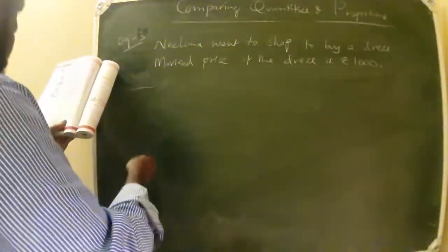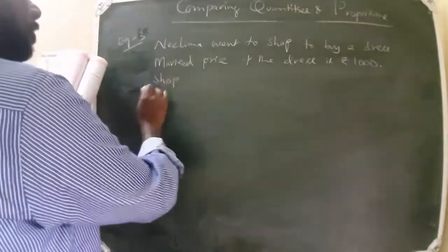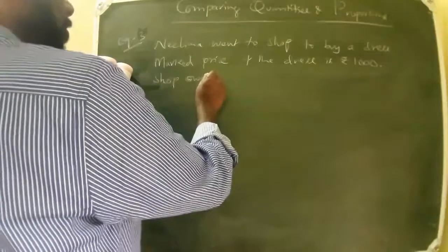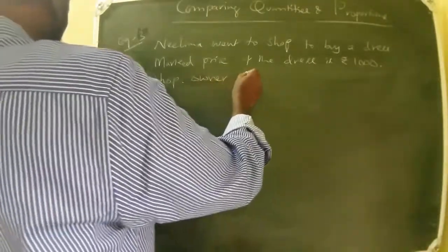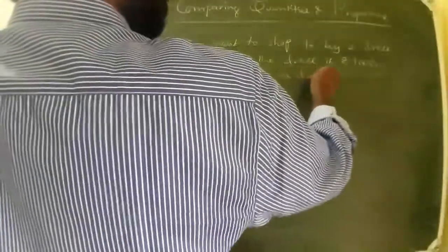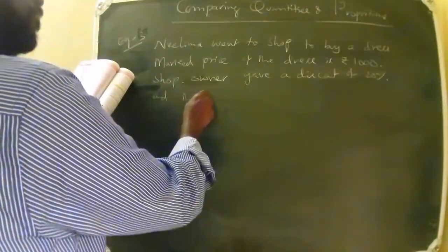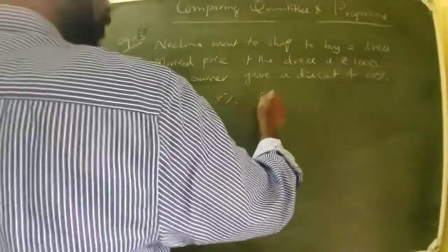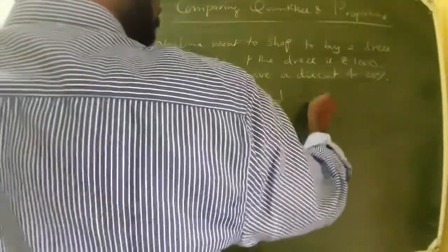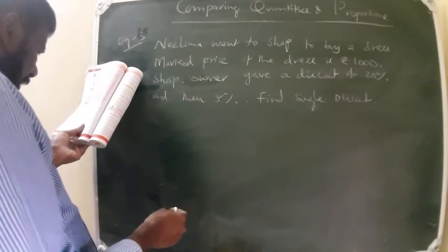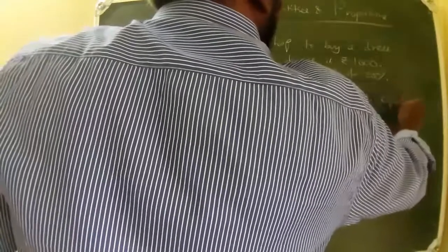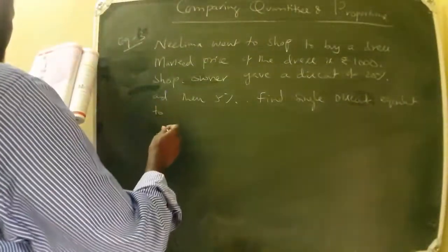The shop owner gave a discount of 20% and then 5%. Find the single discount equivalent to these two successive discounts.